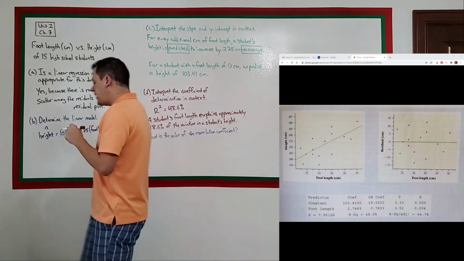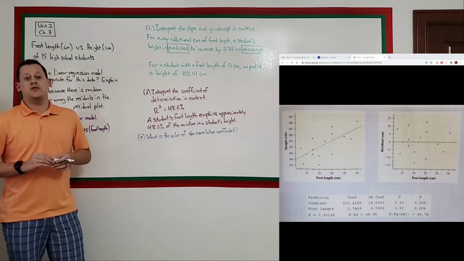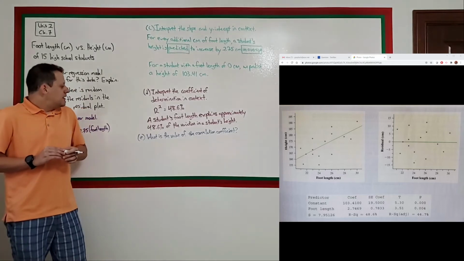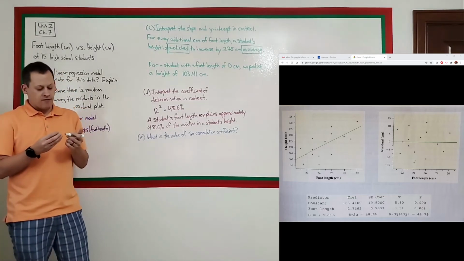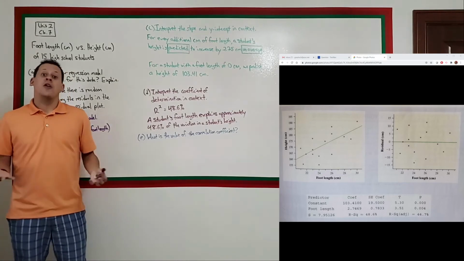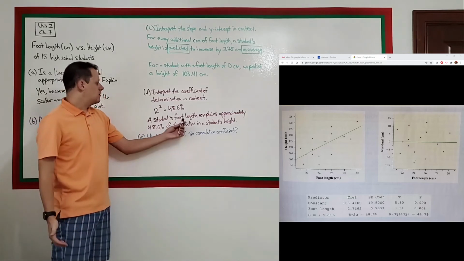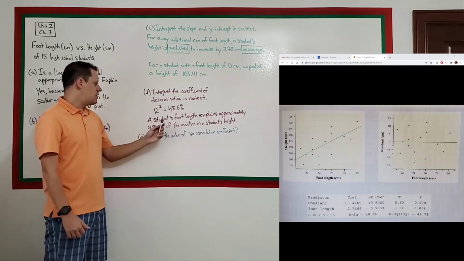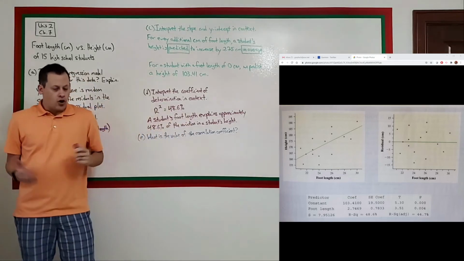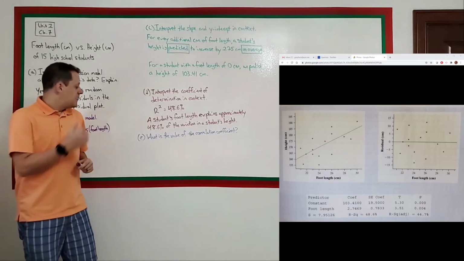So a student's foot length explains approximately 48.6% of the variation in a student's height. So a little less than half of that variability is explained just by foot length. There are other things involved, but this model is only accounting for foot length's effect on height. There are other things, but 48.6% for this.